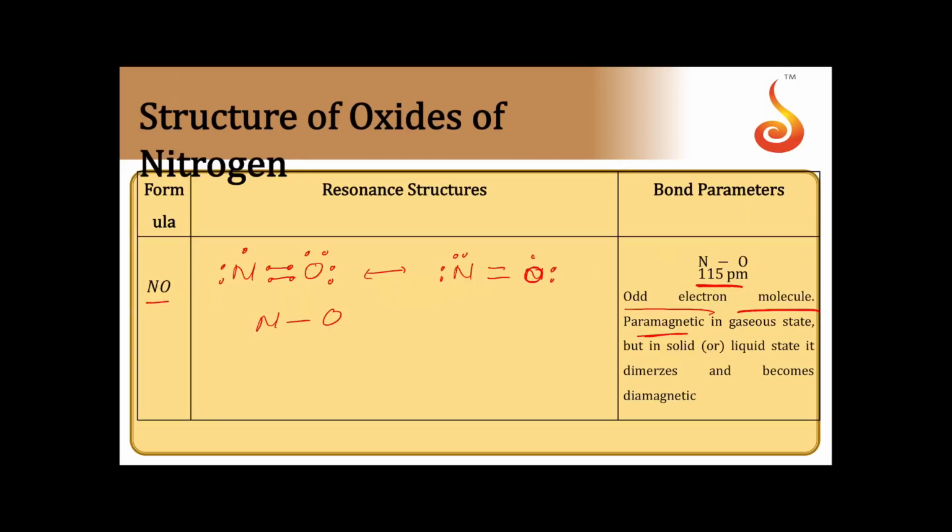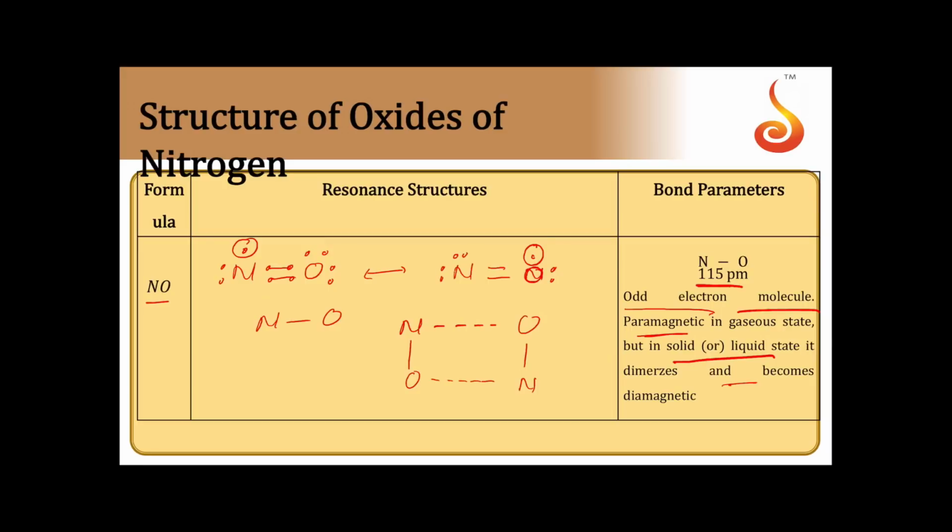In the gaseous state it is paramagnetic, but when it comes to the solid or liquid state, it dimerizes and becomes diamagnetic in nature. So in the gaseous phase, it is an odd electron species, because the odd electron may be on the nitrogen atom, or even on the oxygen atom. In the liquid or solid state it dimerizes, and you can see the structure of this form: nitrogen here, oxygen here, nitrogen.